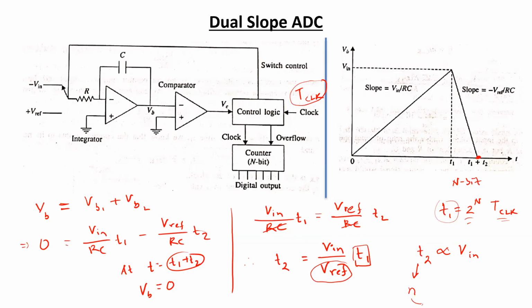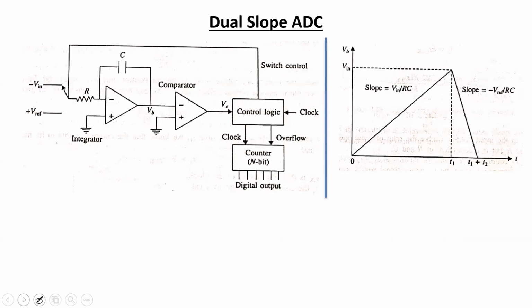So the conversion time is not supposed to be affected by the variation of the values of R and C. But what could be the possible disadvantage of this particular type of circuit compared to the single slope? Any suggestions?